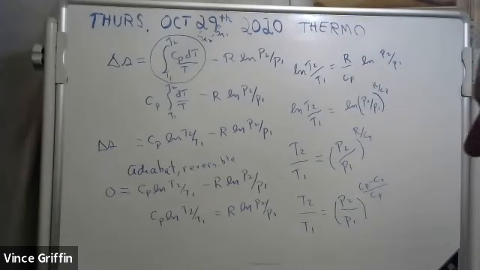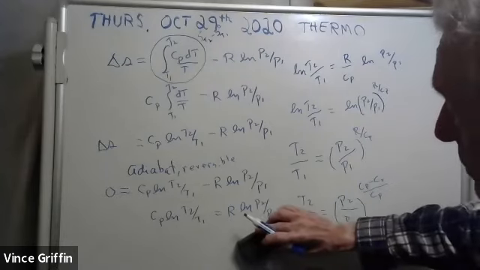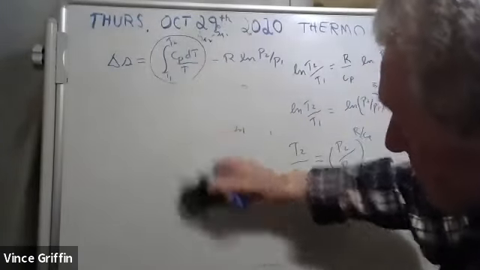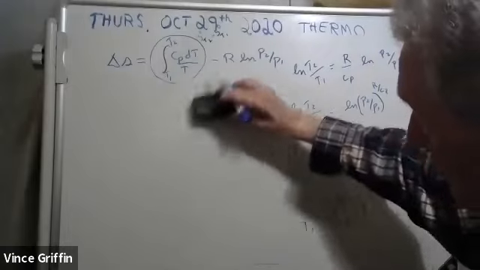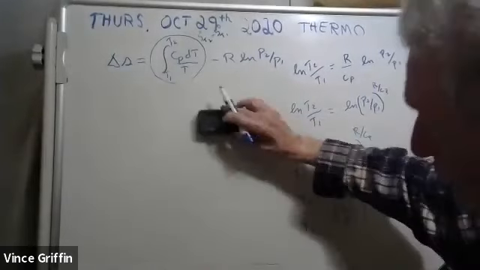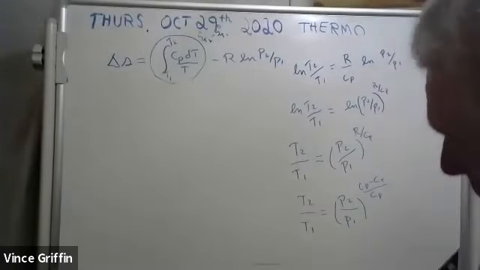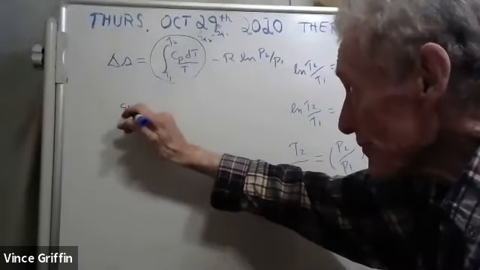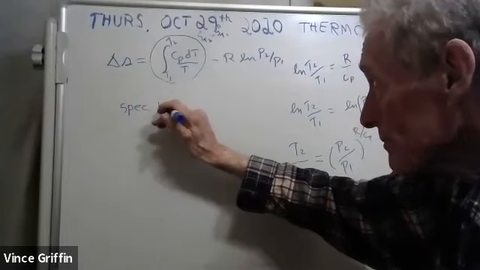Well, I need some room here. We'll sacrifice some of this stuff. Then we need to work a problem. I bet you're getting bored with all this algebra and stuff. They have something called the specific heat ratio.